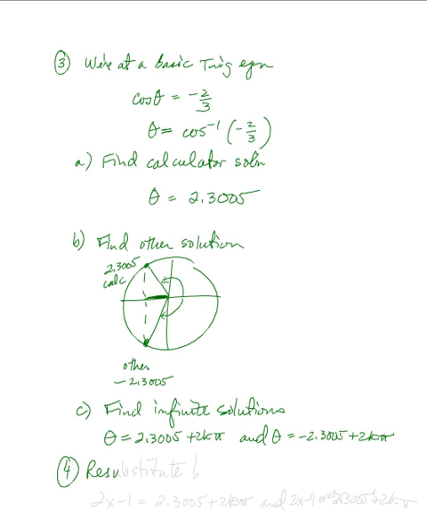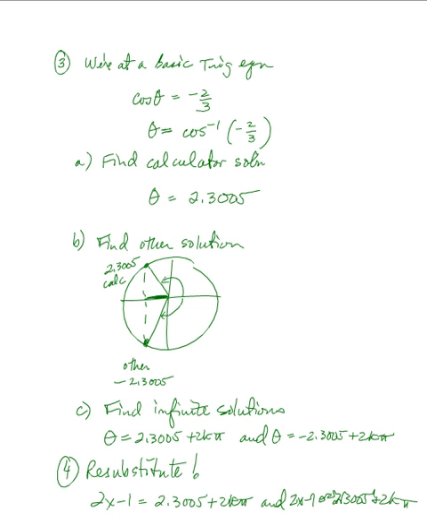That's why I have it as a separate step. Resubstitute. So you let theta be 2x minus 1. So now, in the place of theta, you're going to have 2x minus 1 equals 2.3005 plus 2k pi. And you're going to have 2x minus 1 equals negative 2.3005 plus 2k pi. Okay?